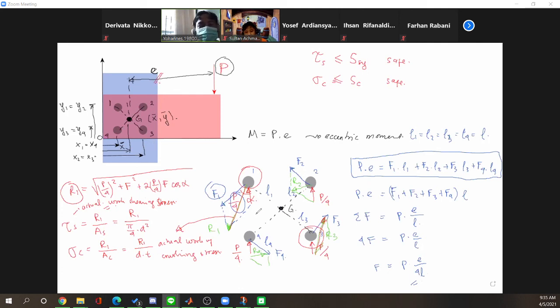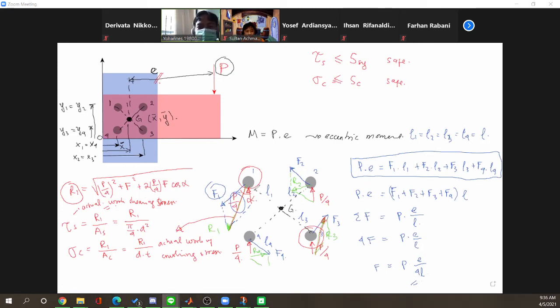Then draw the free body diagram and identify and describe all the working forces. So for example, in this problem, we have direct shearing load and shearing load that is induced by the turning moment. Okay, we have P over 4 and F, which is induced by the moment here.